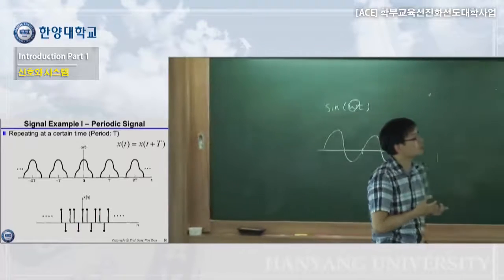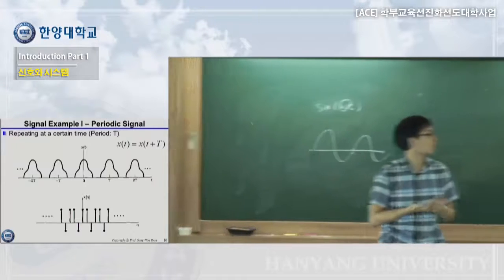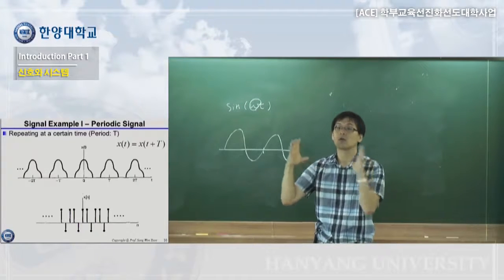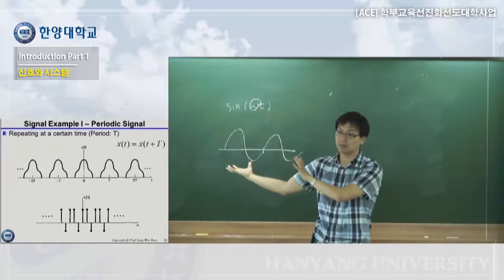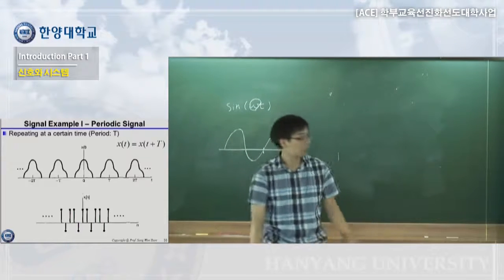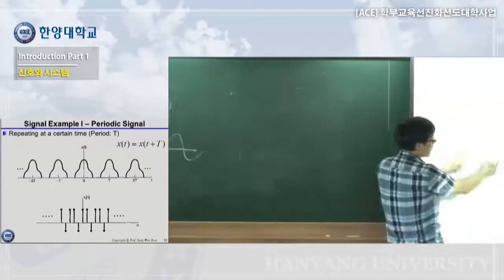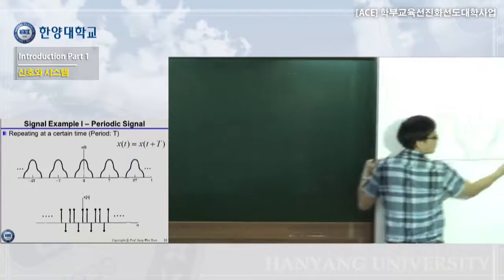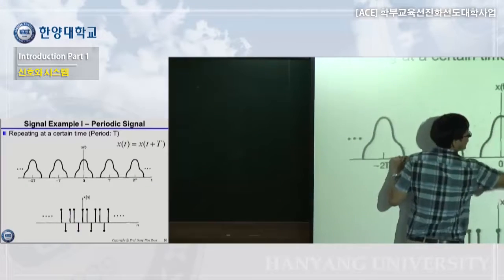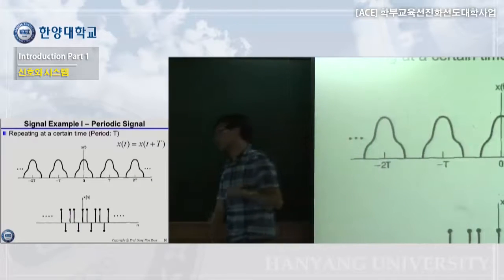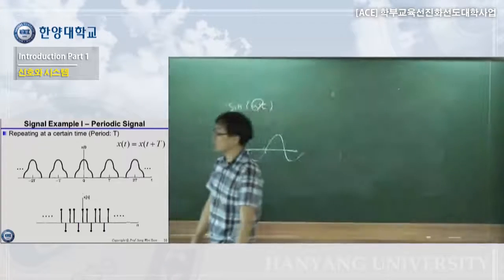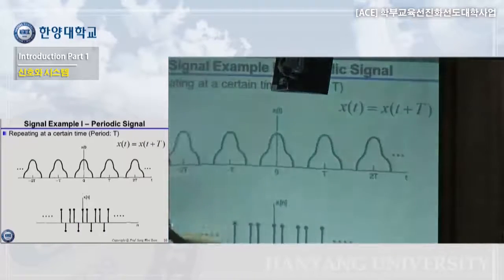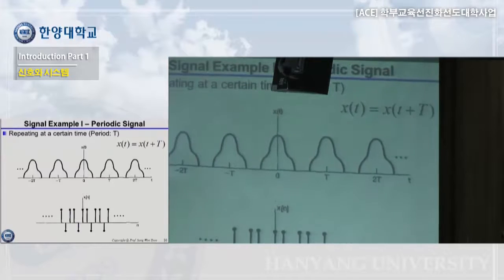So in a periodic signal, there is a set of signal that keeps on repeating by a certain time. Let's go back to here. A set of signal is repeating at a certain time of T, right? In the bottom one, we can think of them as up, down, one, up.